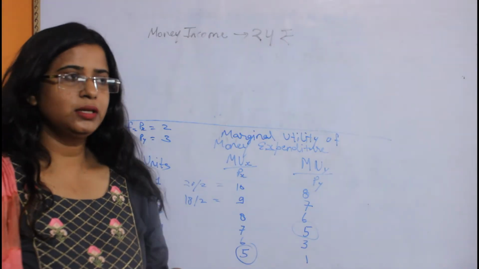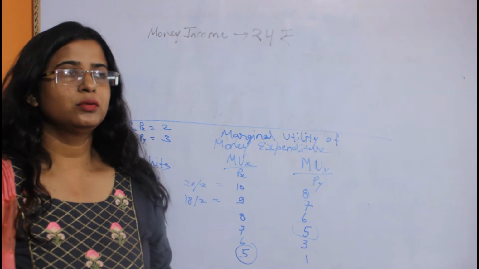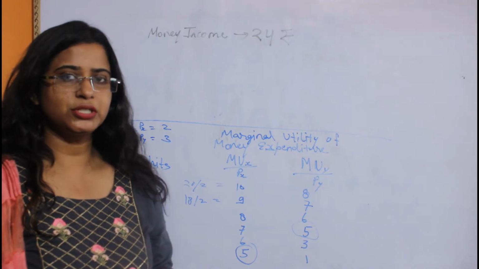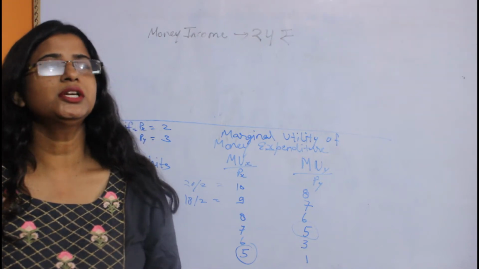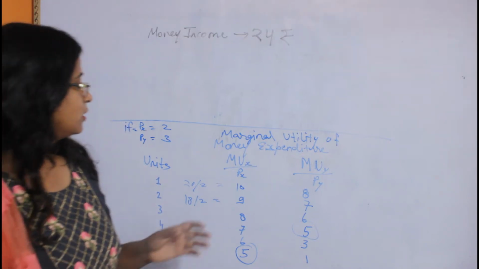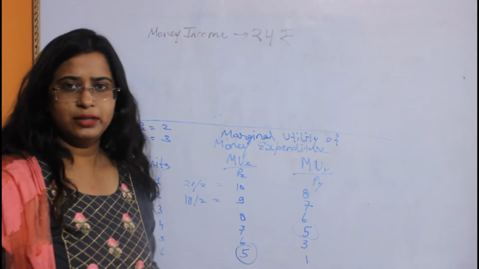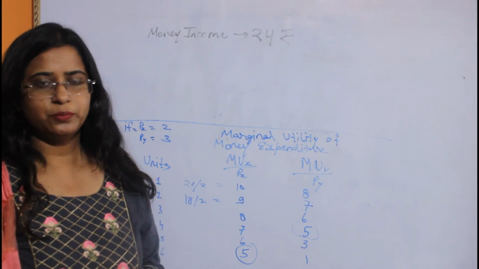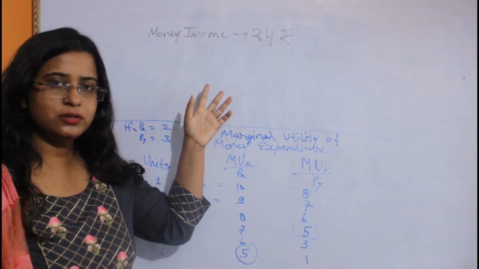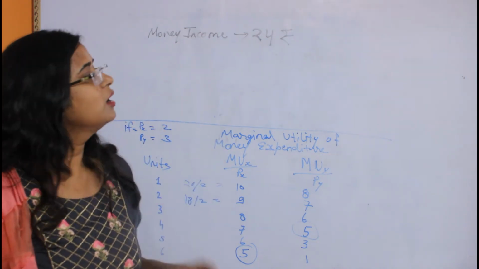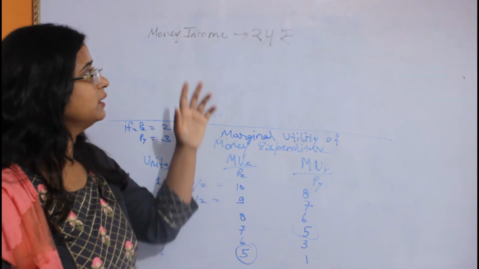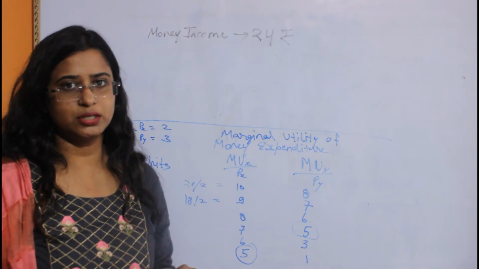In determining the equilibrium of the consumer, 2 things are very important. The first is the principle of marginal utility, or diminishing marginal utility, and the second is the level of income. How and where the consumer will be at the equilibrium point depends on the marginal utilities that we have seen in our table, and the price and the level of his total income.